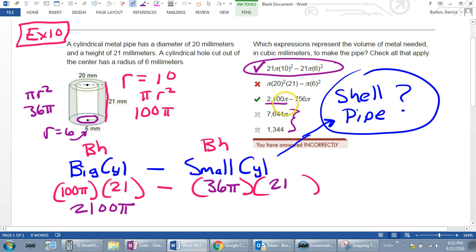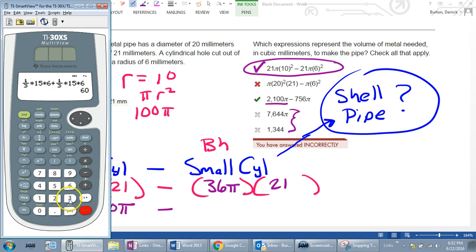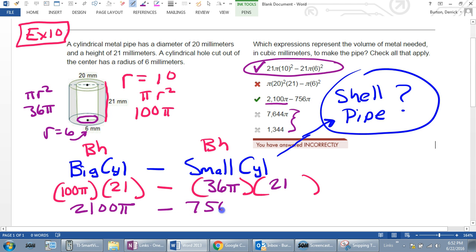So far, this is looking good. Now, if I do 36 times 21, oh, look at that. I get 756. Okay, which is what they have. So there's another form of the answer.